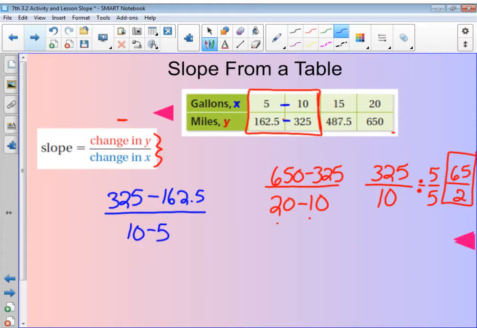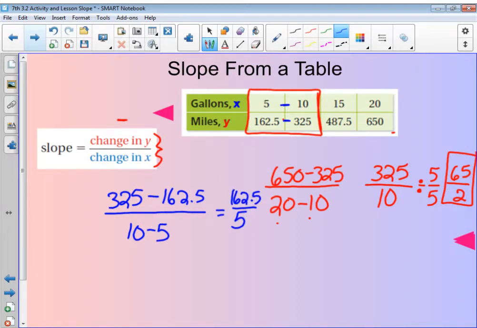Okay, so now when I go through to do this, the bottom number is going to be 5. The top number, 325 minus 162.5, I think is 162.5. Let me double check it quick. It is. So I get 162.5.